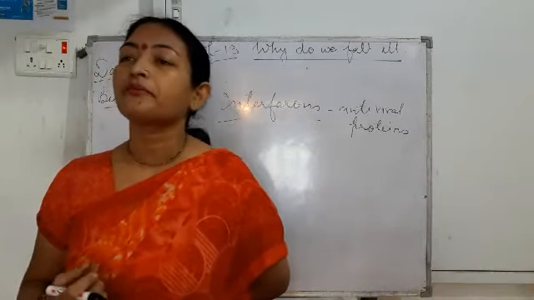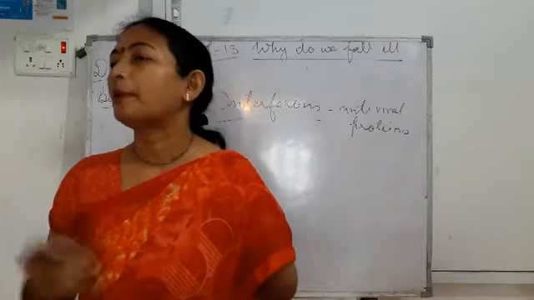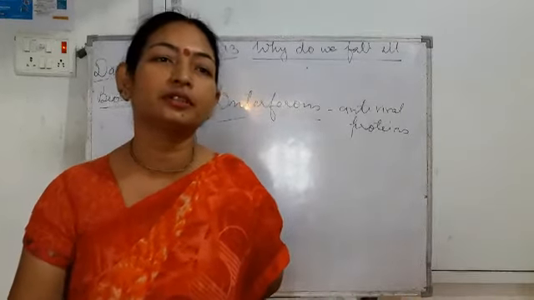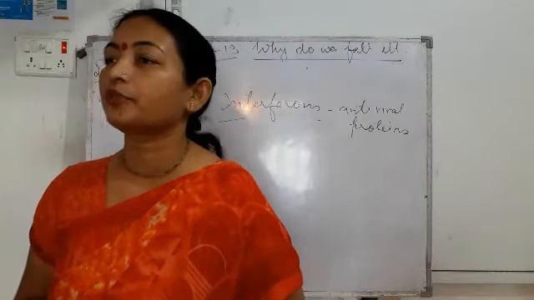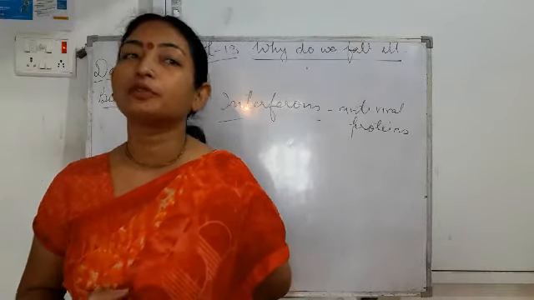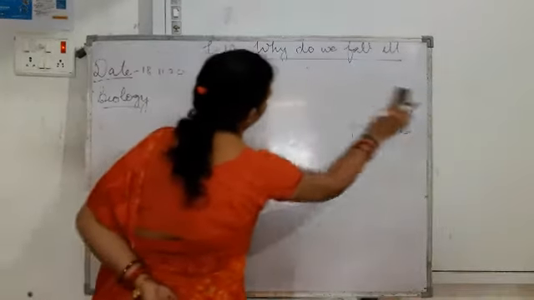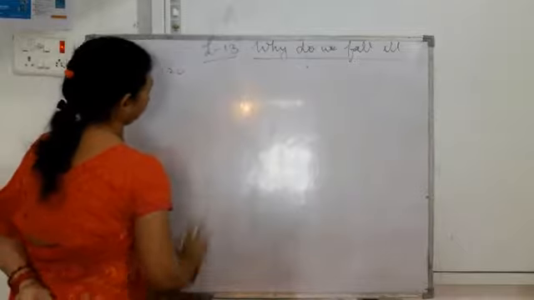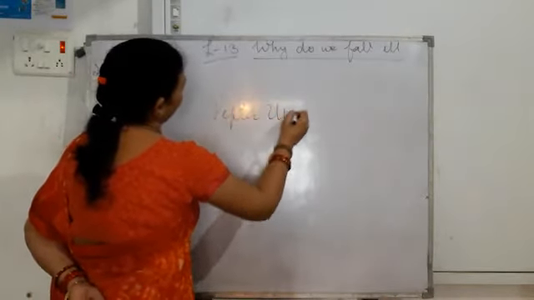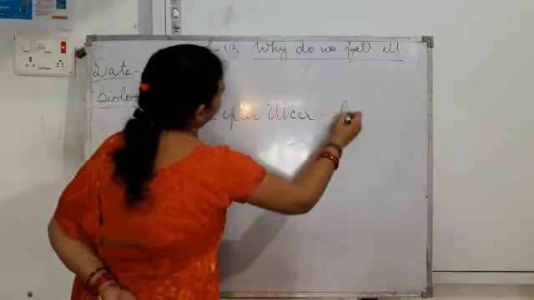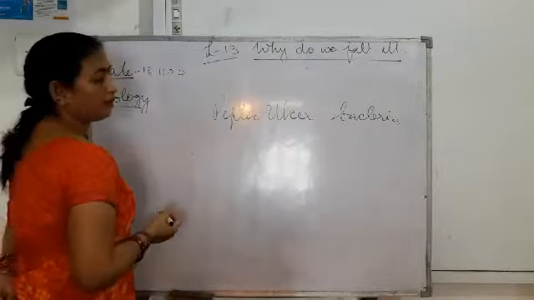Now one more thing, it is given in your book: earlier, peptic ulcer was considered to be caused due to acidity. But later on it was found that peptic ulcer was caused by bacteria.